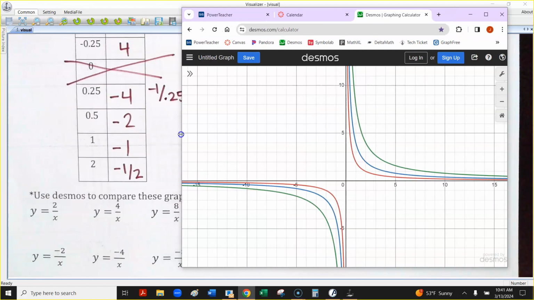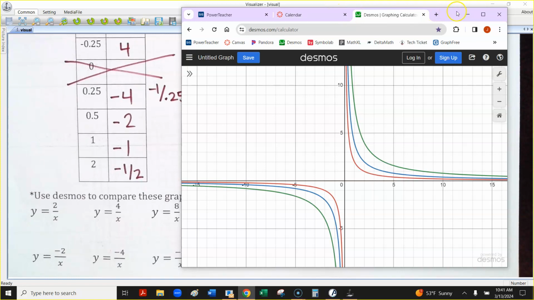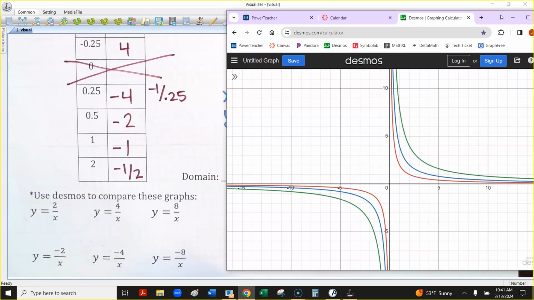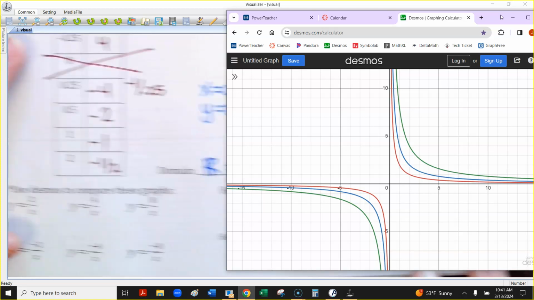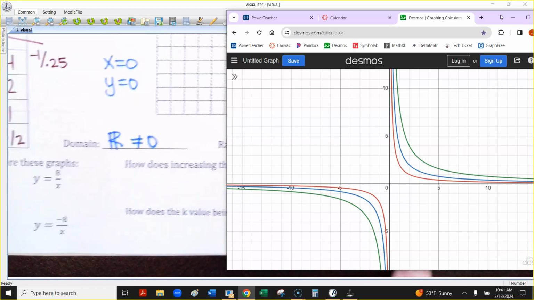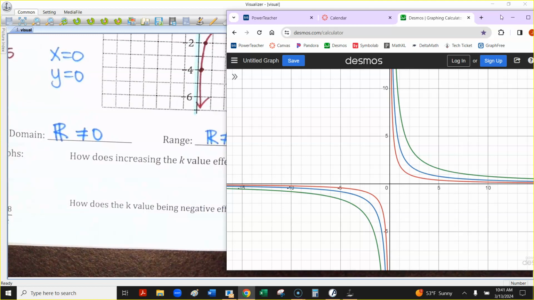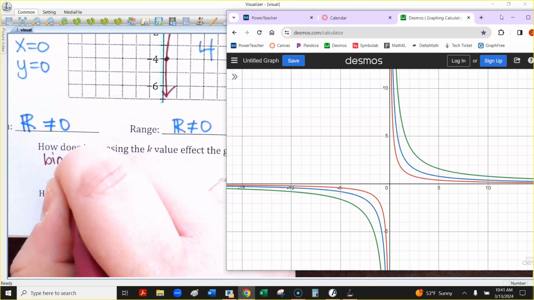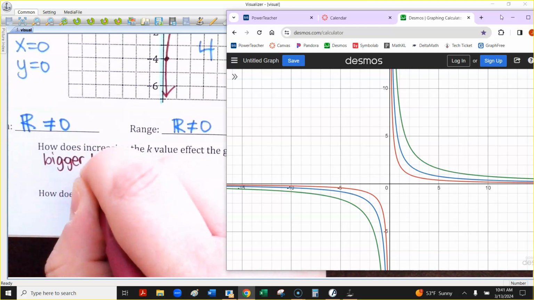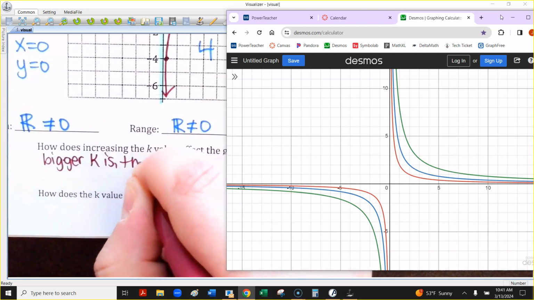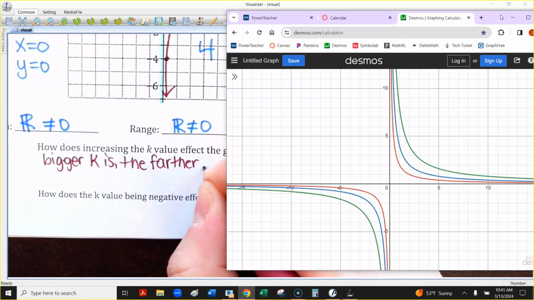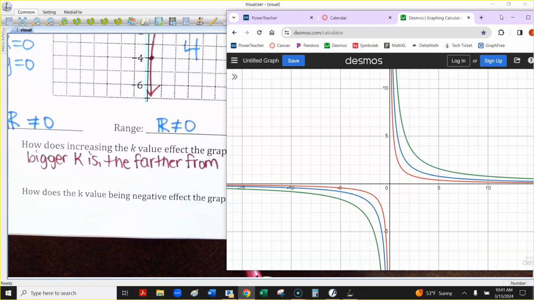So it's not going to change the shape. It's going to still have the same domain and everything else. It's just going to pull it away from the origin. So this just says, how does increasing the k value affect the graph? I would say the bigger k is, the farther from the origin. That's all it's going to do.